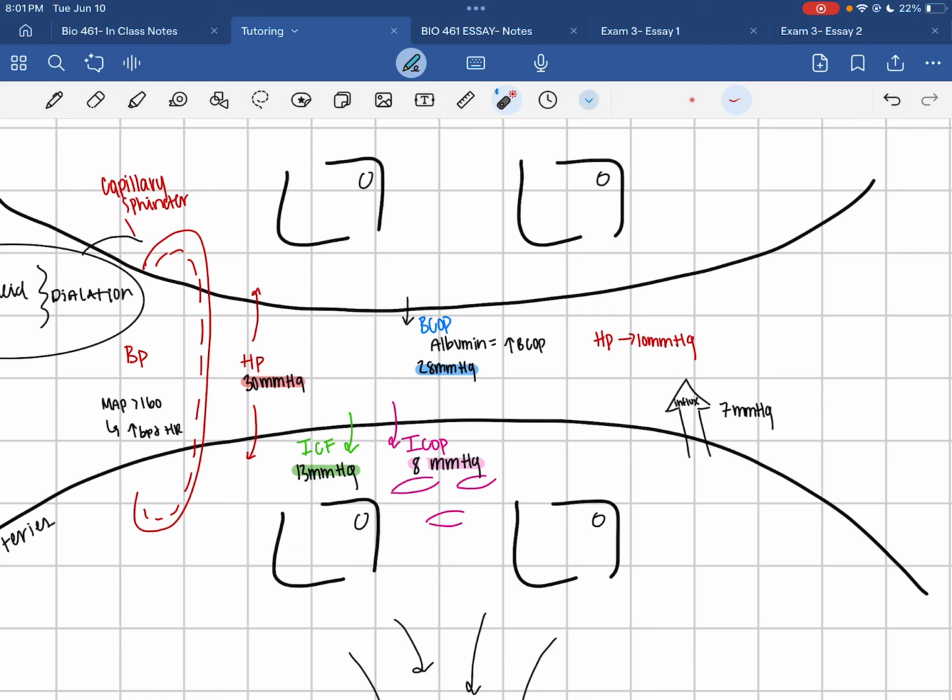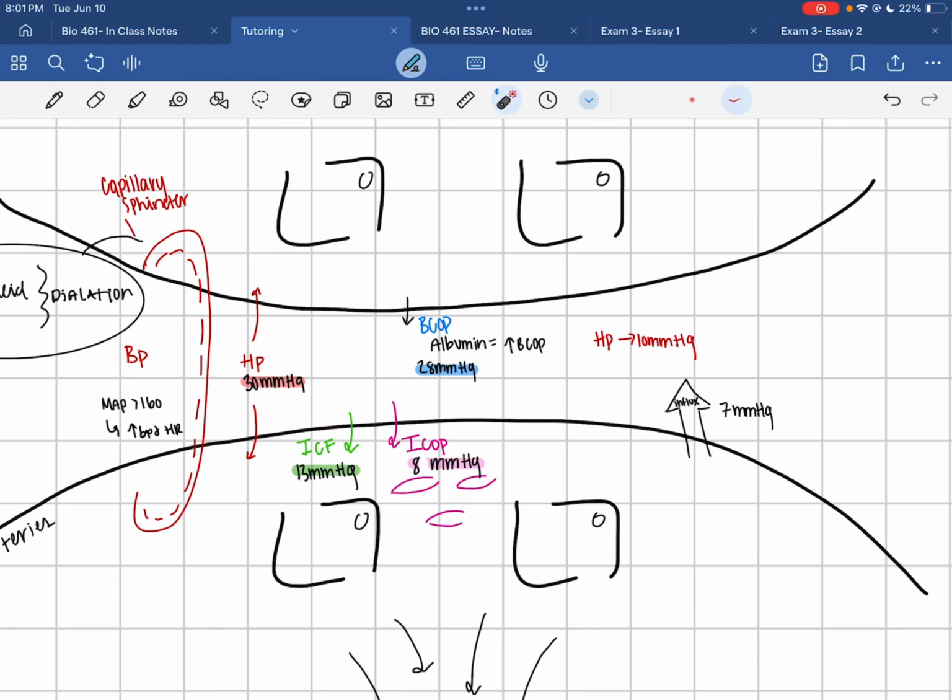So some things like that could be physical trauma to the skin, like a burn or a wound that would cause inflammation. We also have lymphedema, and that's damage to your lymph vessels, which obstructs the lymph flow.